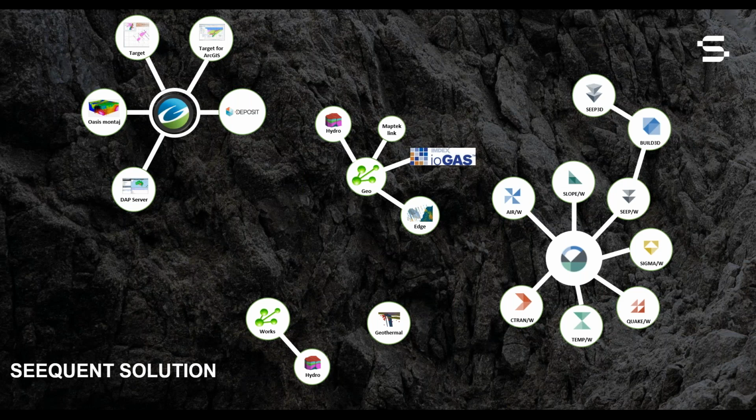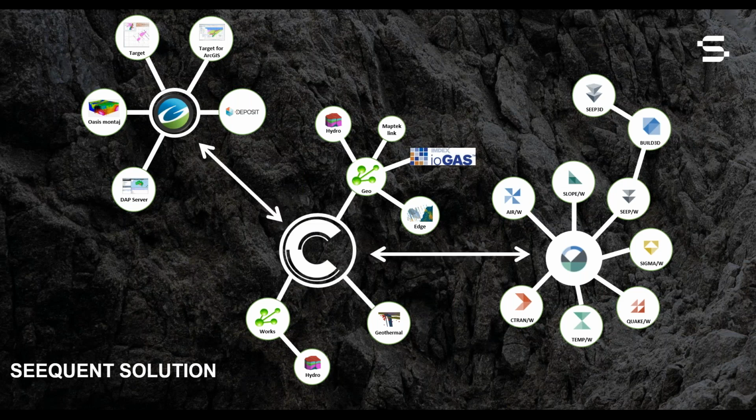I'm sure many of you are already familiar with some of these solutions. Models can be integrated using SEEQUENT Central for model management and collaboration. Today, we will be focusing on Leapfrog Geo, ioGAS, an IMDEX product, and the Leapfrog Geo ioGAS link so that we can visualize geochemical data in real time.